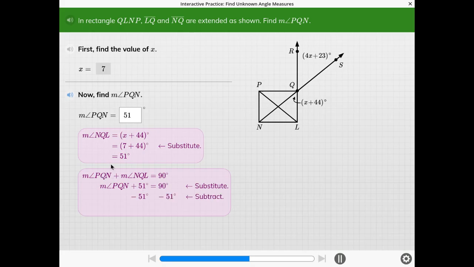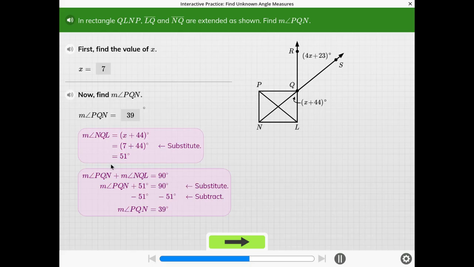Then subtract 51 degrees from both sides of the equation. The measure of angle PQN is 39 degrees. And it asks you to solve that. Like, why? This is absolutely stupid. Like, you can't be that crazy, though.